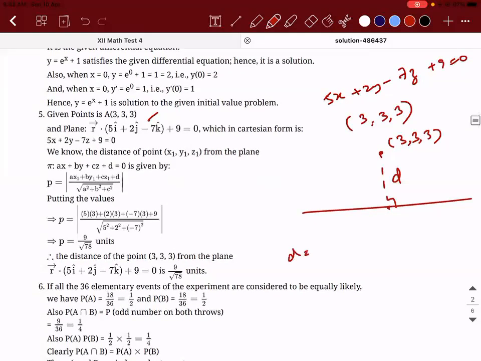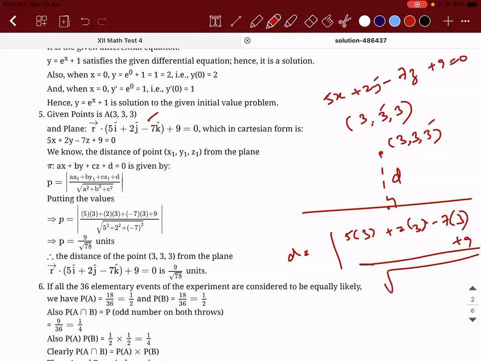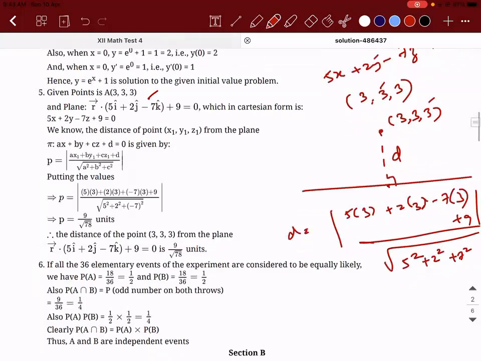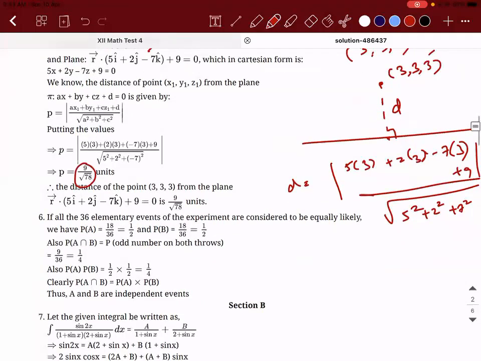D is equal to modulus of ax1, that is 5 into 3, plus by1, 2 into 3, plus cz1, minus 7 into 3, plus the constant, divided by root of a square plus b square plus c square, and close the modulus. So when you solve this, you will get the answer as 9 divided by root 78. I hope everybody knows this equation.